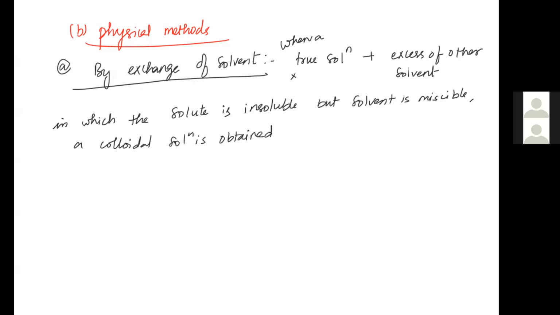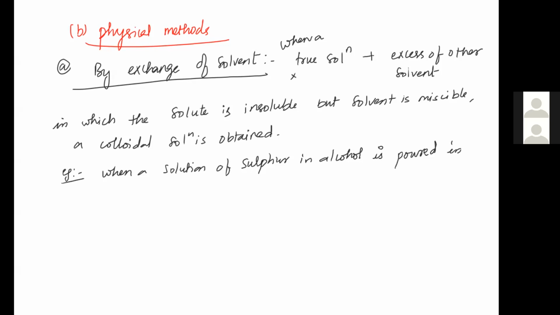What is an example? Example is, you have a solution of sulfur in alcohol. When a solution of sulfur in alcohol is poured in excess of water, a colloidal solution of sulfur is obtained.